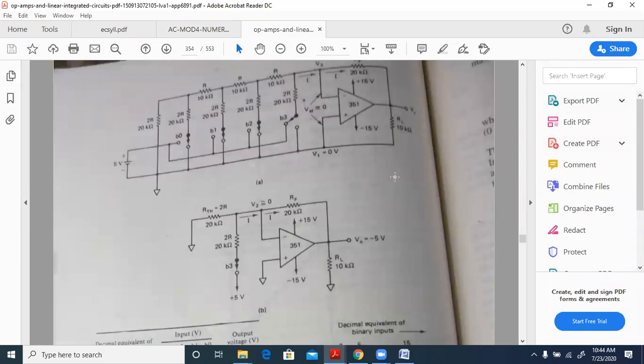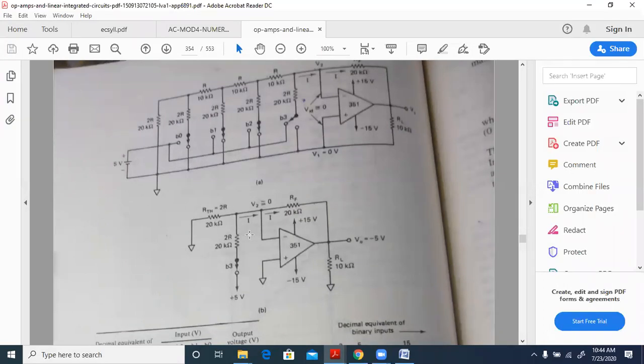The step size will be VR multiplied by RF divided by 2 to the power of n into R, where R is 10 kilo ohms, not 20. VR multiplied by RF divided by 2 to the power of n, that is 4 bits, n is 4, multiplied by R is 10 kilo ohms.